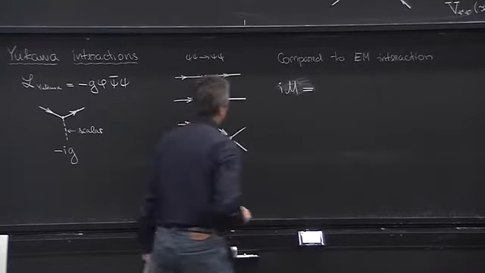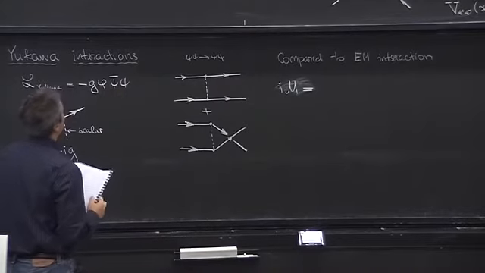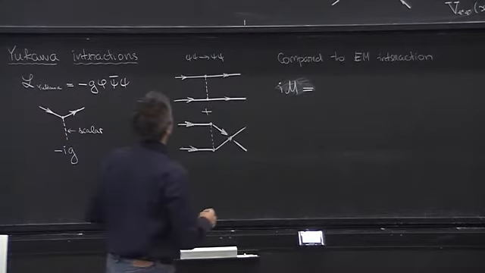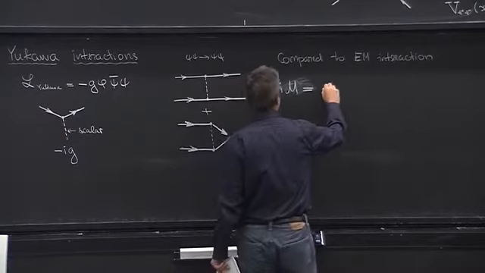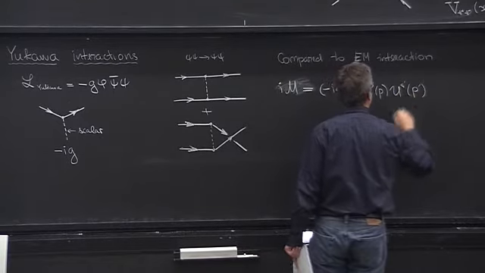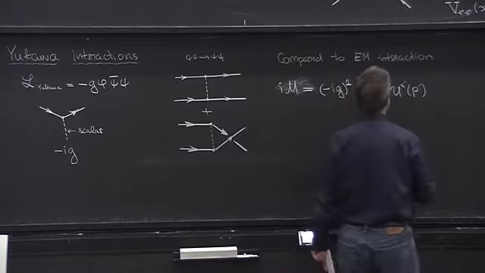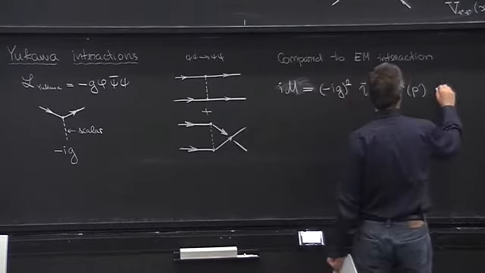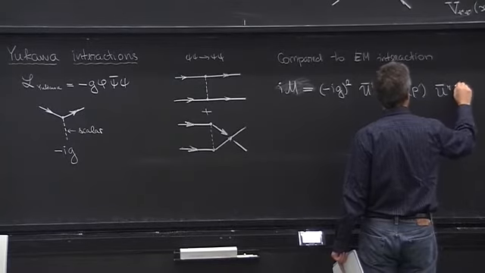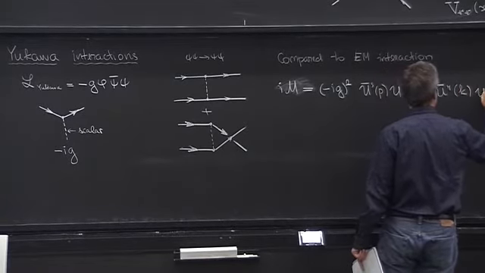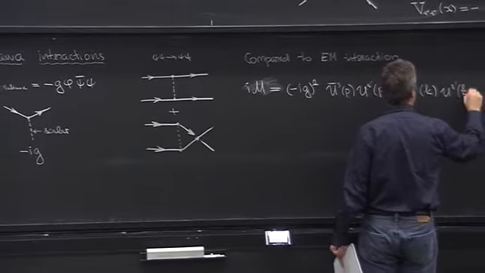So what we'll need to do is, first of all, we need to get rid of the gamma matrices. So this will be minus i g squared, then u bar s of p, u s prime of p prime, then u bar r of k, u r prime of k prime.